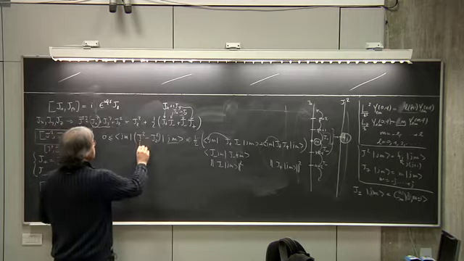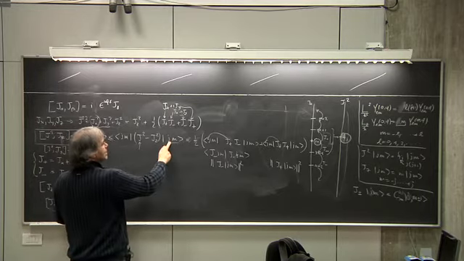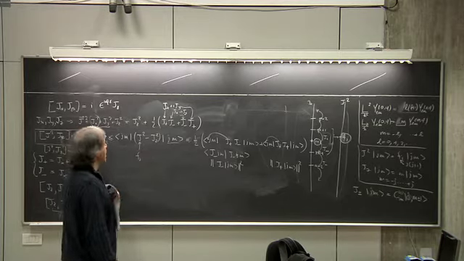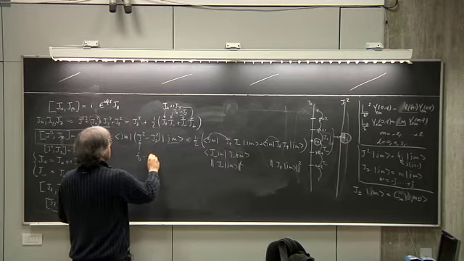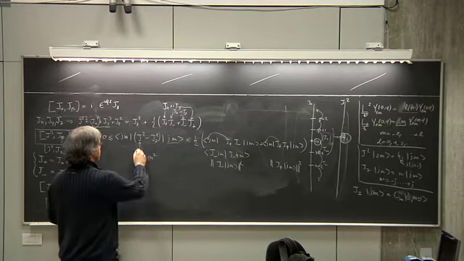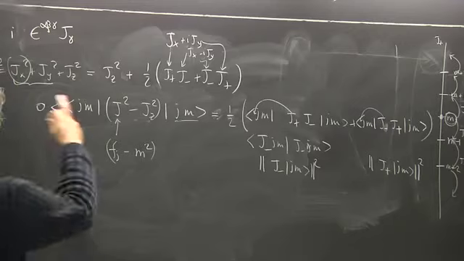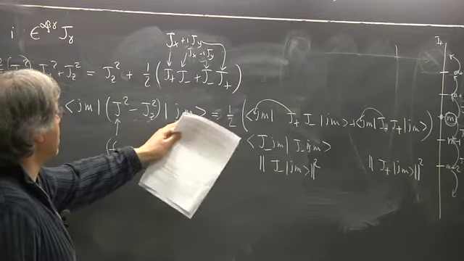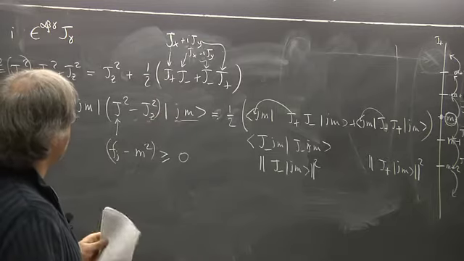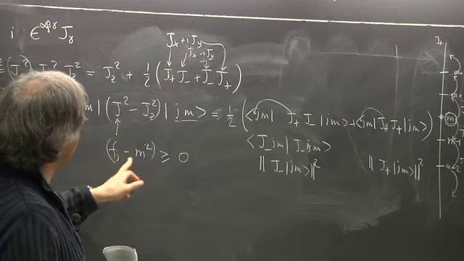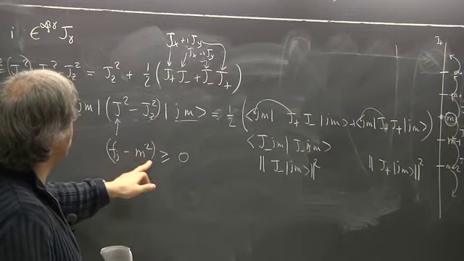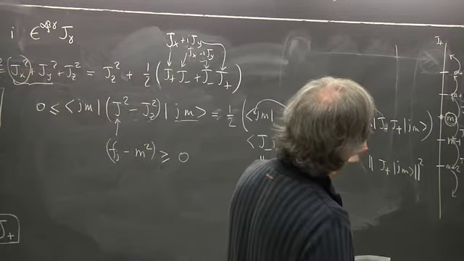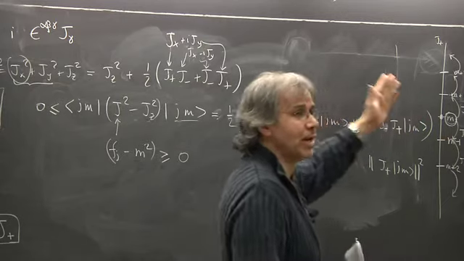On the other hand, this object has this as eigenstate. So the value of this is equal to Fj. The value of this is minus m squared. Okay? So what this is telling me is that for any m, which I can pick as eigenstate of Jz, then Fj minus m squared should be positive. But now you realize that there is a contradiction with the fact that m can increase forever.